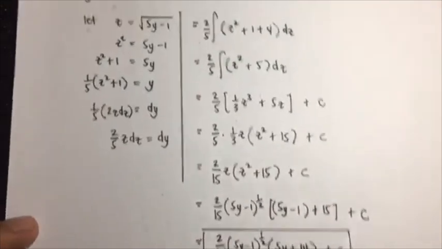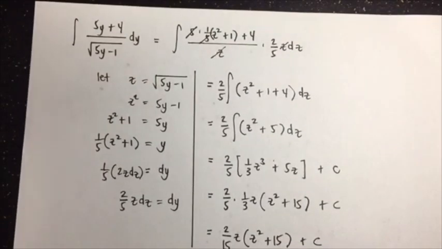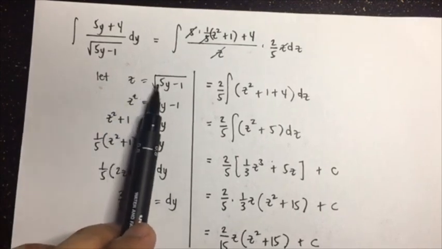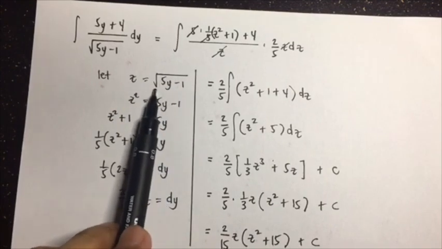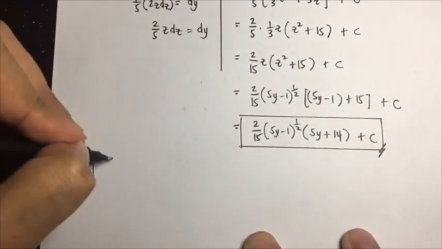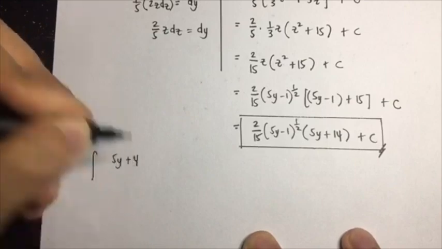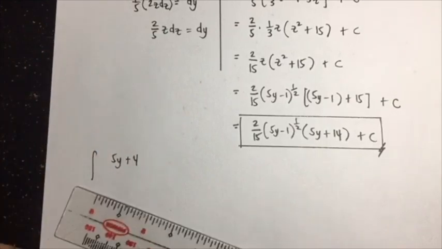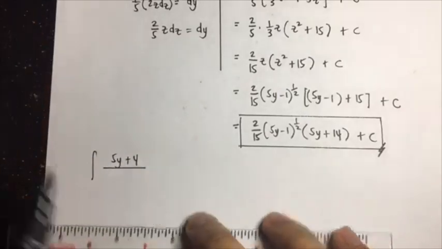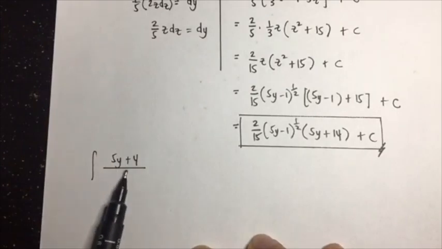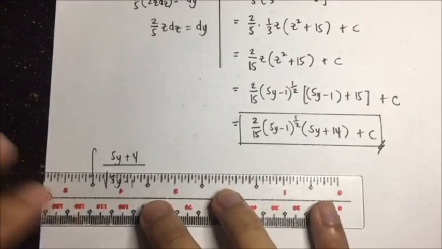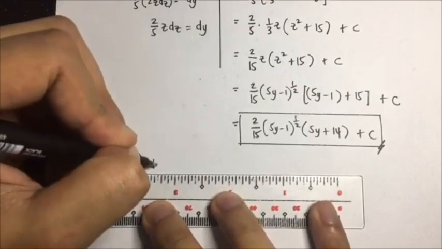By the way, let's solve this problem again. When we substitute z, what if we did not include the radical, the square root? So I'm writing the problem again: integral of 5y plus 4 over the square root of 5y minus 1 dy.